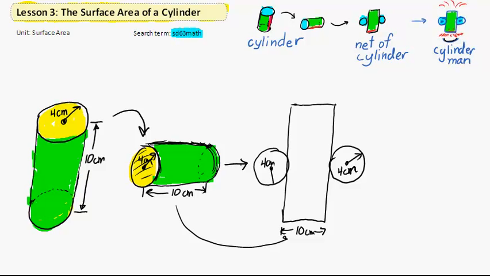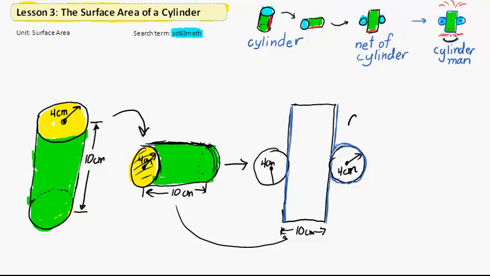Well, there is one dimension, one length that we do not have, and it is this length. However, we know something important. It wraps exactly once around the circle. In other words, the length of this rectangle here, not the 10 centimeters, but the other dimension, is equal to the circumference of the circle.